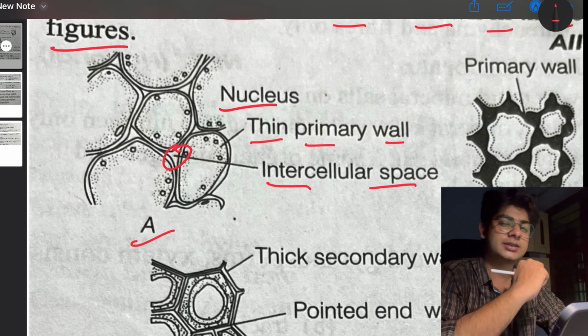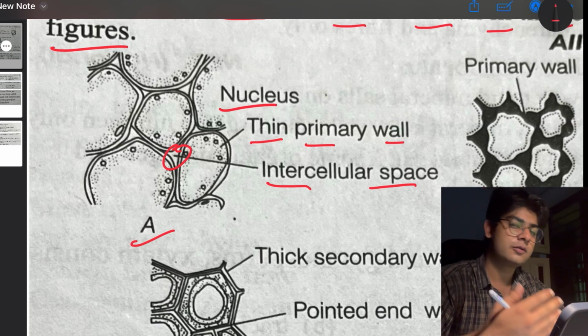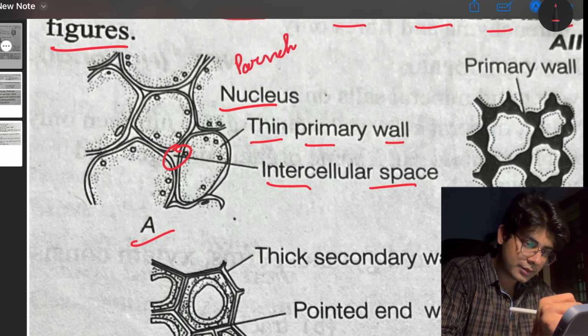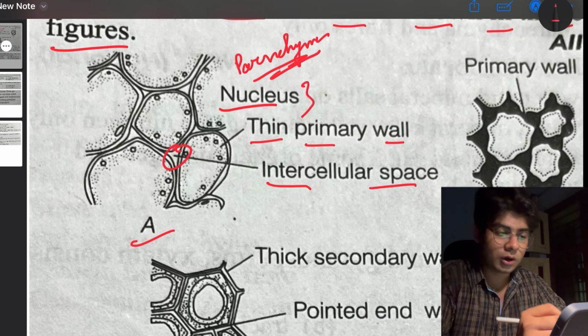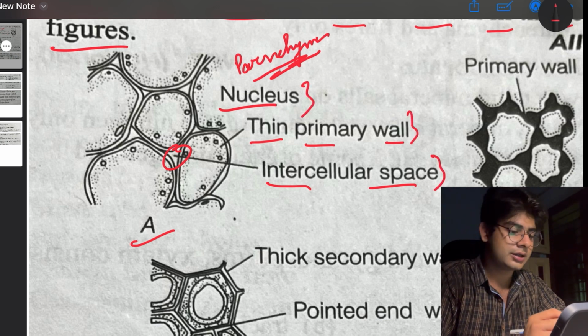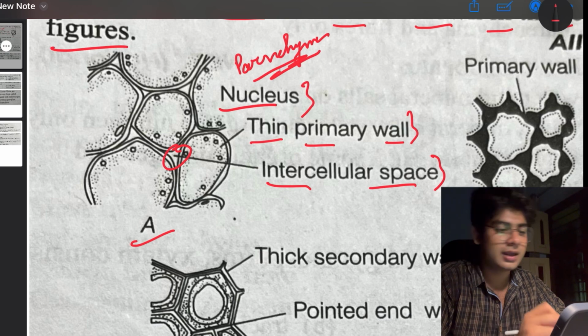Let's see if you can answer it. You're right. It's parenchyma. Because all these features belong to parenchyma. Parenchyma has cells that have small intercellular spaces, thin primary wall, and nucleus.